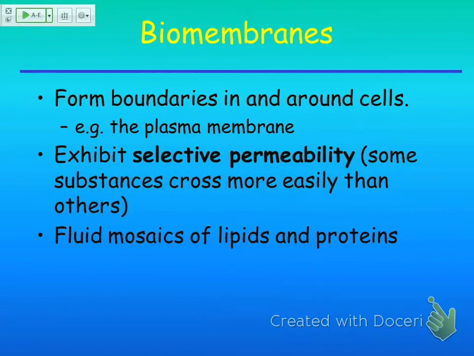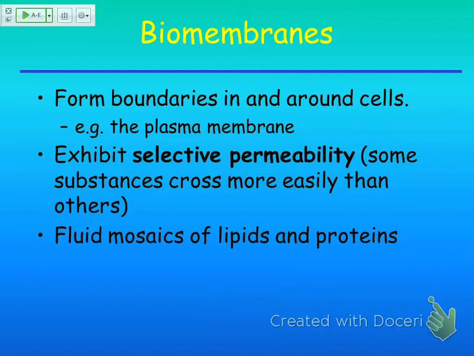So let's look at biomembranes. They form boundaries in and around cells. We already looked at the plasma membrane. Now these biological membranes are what we call selective, they have selective permeability, meaning that some substances can cross them more easily than others.